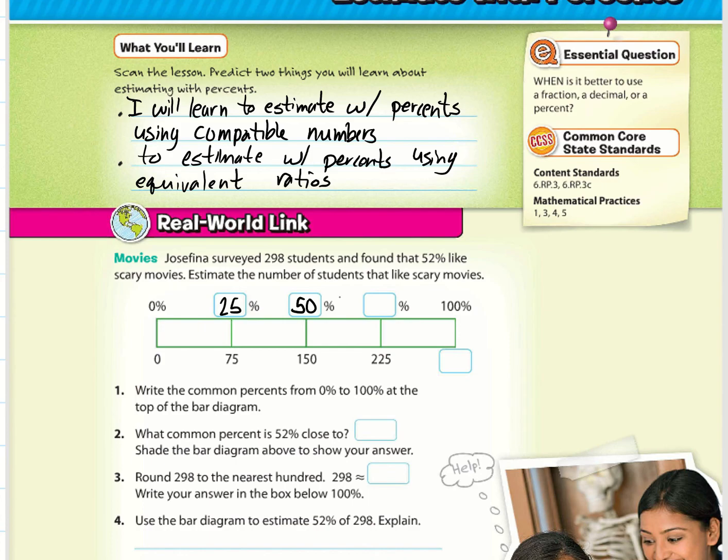So I know this is going to be increments of 25. So the middle of 50 and 100% is 75%. So 0%, 25%, 50%, 75%. And then we have the number. So we're estimating. So 298 is going to estimate to 300. So at 25%, we're at 75, 50% we're at 150, and 75% we're at 225.